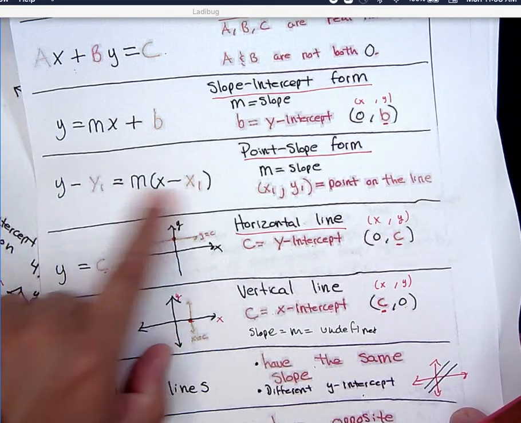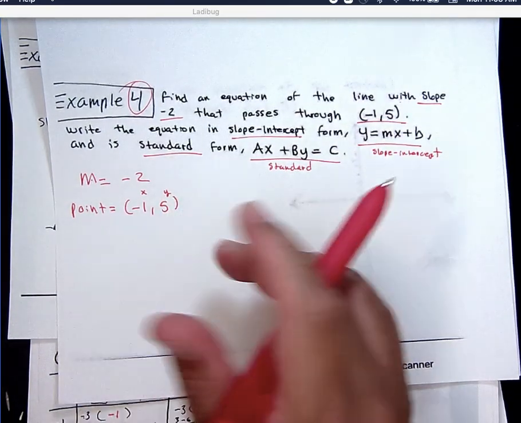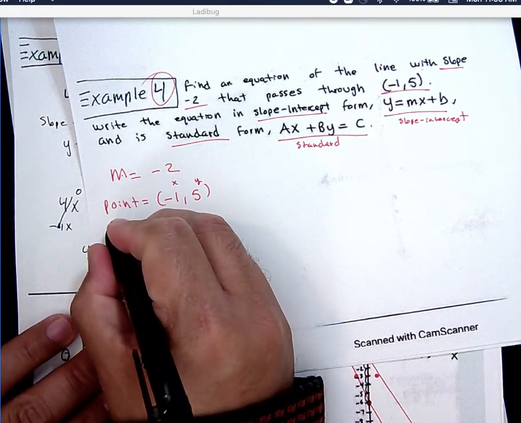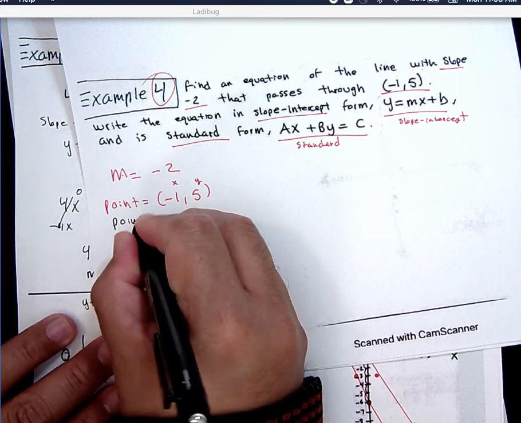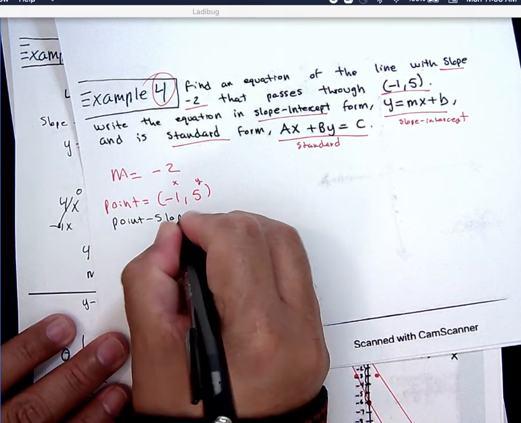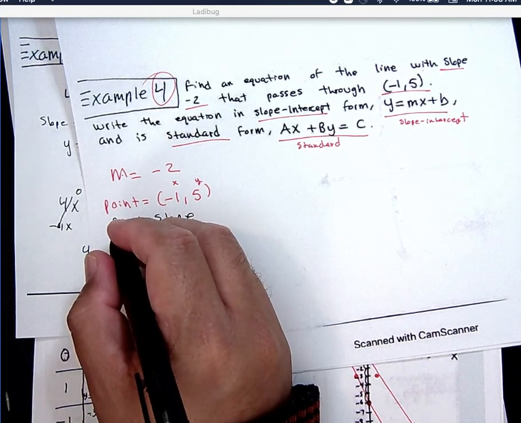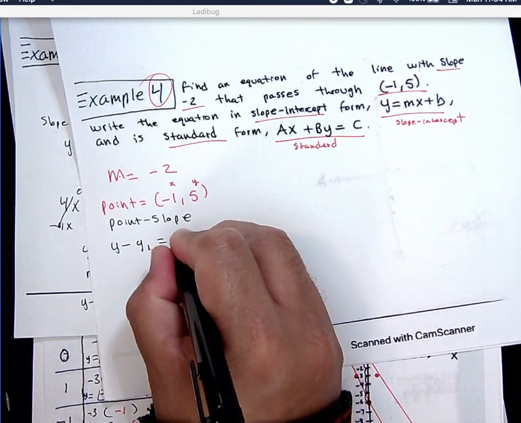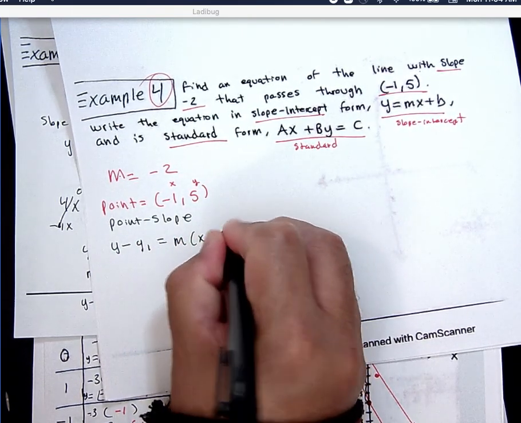These two. That's a point. And that's why we have here a point on the line. So we're going to use point slope. And this would be y minus y1 equals m times x minus x1.